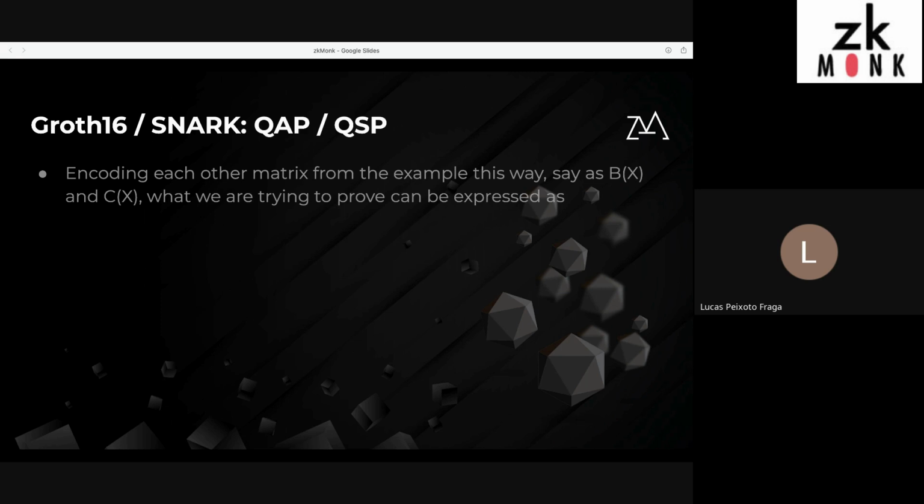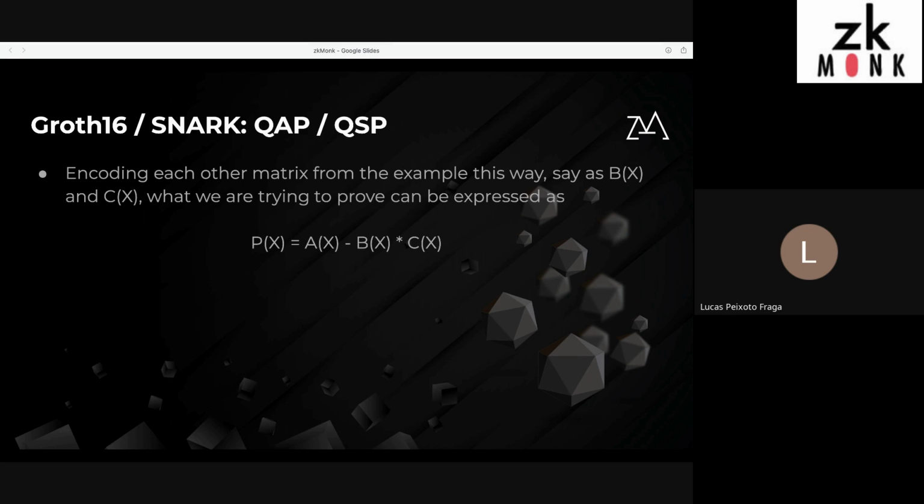And to evaluate the entire system, we can define this polynomial P, because if A is equal to B times C, then A minus B times C should be equal to 0. So what we are doing here is defining a polynomial P that will be equal to 0 if and only if A is equal to B times C.